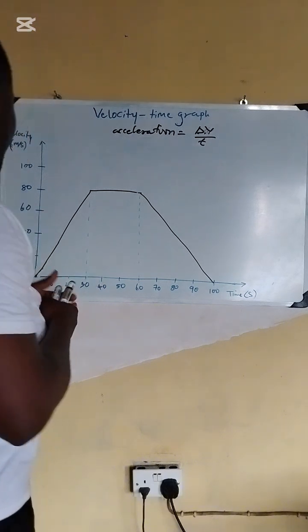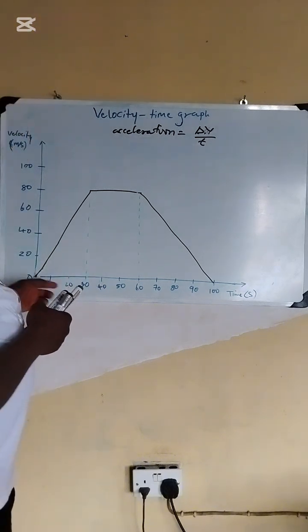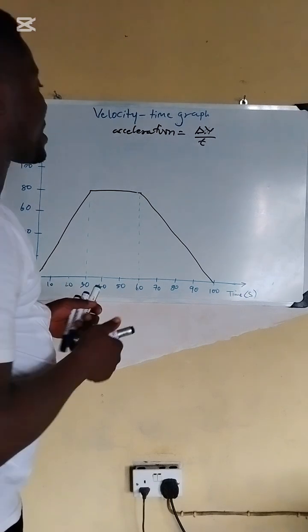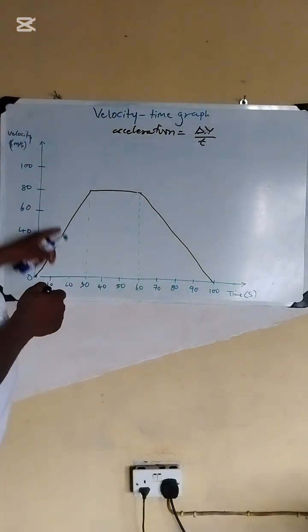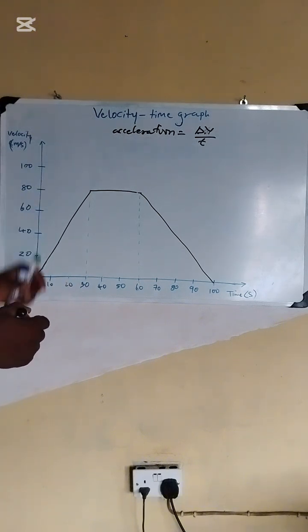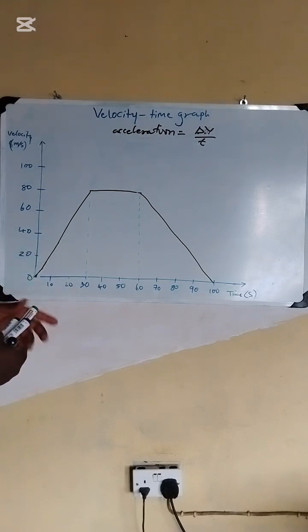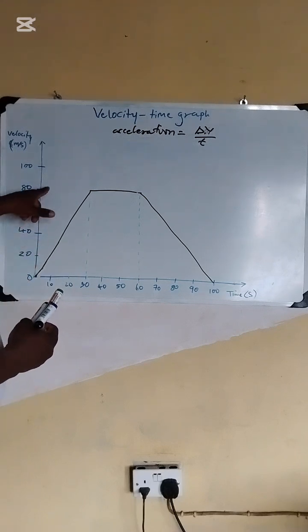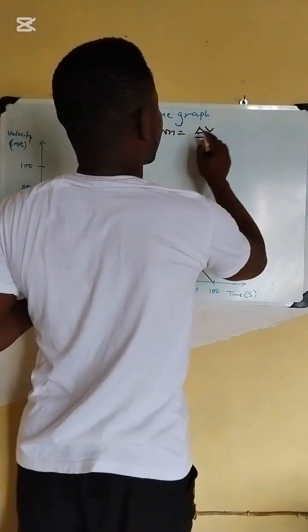Now, since you know that the car starts from rest, and it takes the car 30 seconds, that means the time t here is equal to 30 seconds. It takes the car 30 seconds to attain this 80 meters per second. Since the car starts from rest, that means that the initial velocity is 0. So the 80 here is the final velocity.